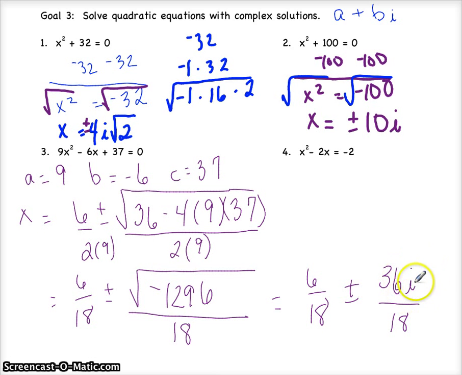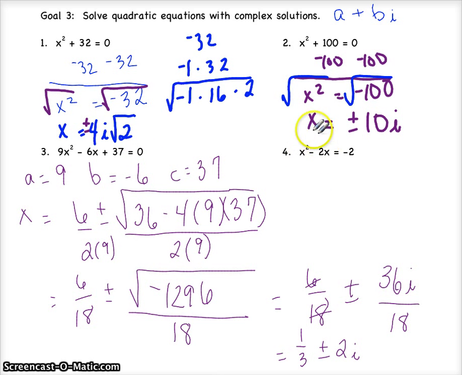So you've got to remember to go back and do the i in that case. So let's reduce now. 6 and 18 will reduce to 1/3, plus or minus 18 will divide into 36 2 times, so plus or minus 2i. And these are our solutions for our quadratic, 9x squared minus 6x plus 37 equals 0.